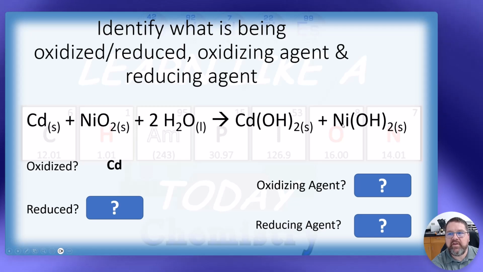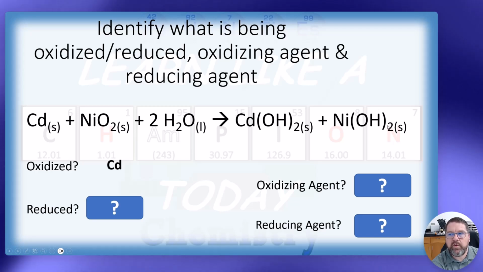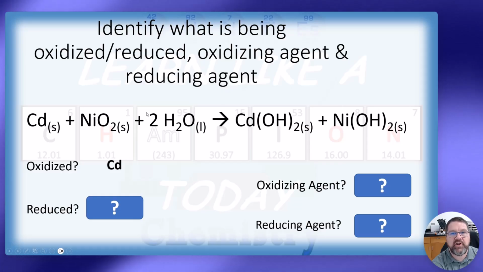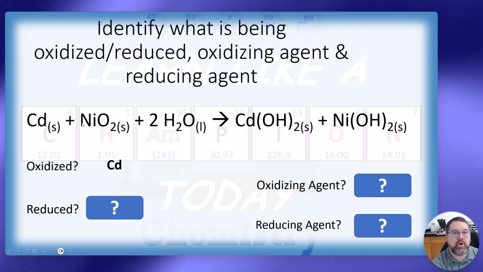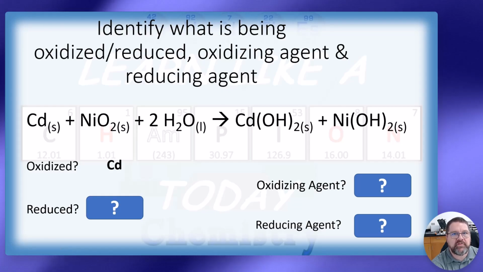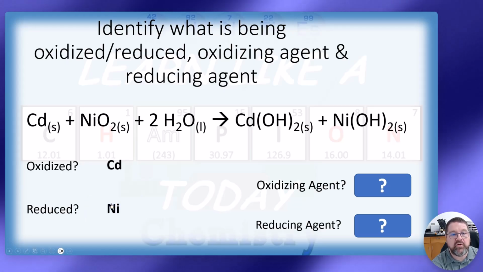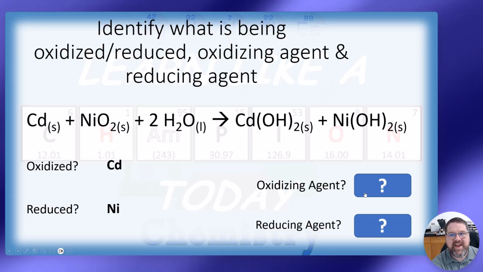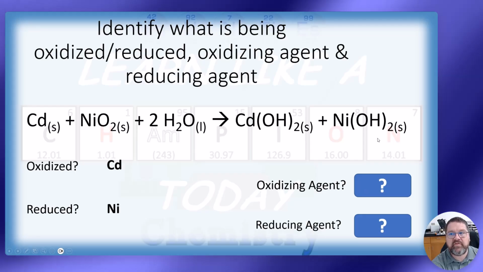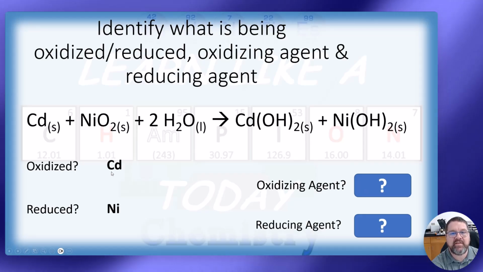If we look at the other species here, the nickel, all right, it's bonded to 2 hydroxide, so it's going to have a +2 charge. It started with a +4, so it's going from +4 to +2. Its charge is coming down, so that means that nickel is what's being reduced. So when we think about the agents, we want to now look specifically at the species that contain these elements.